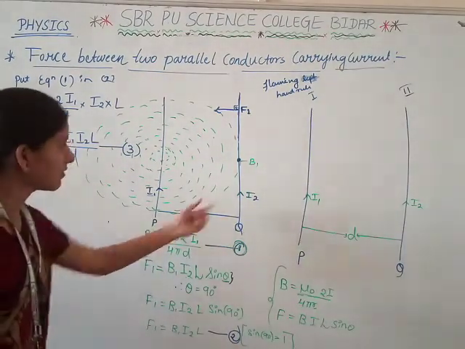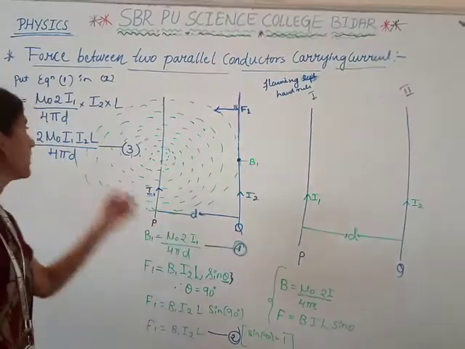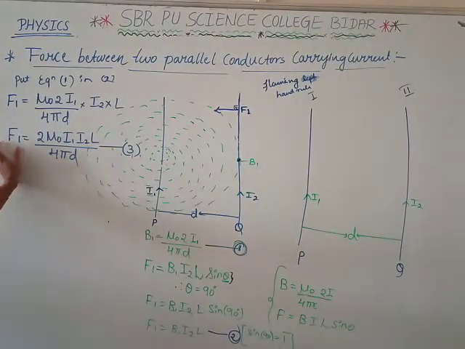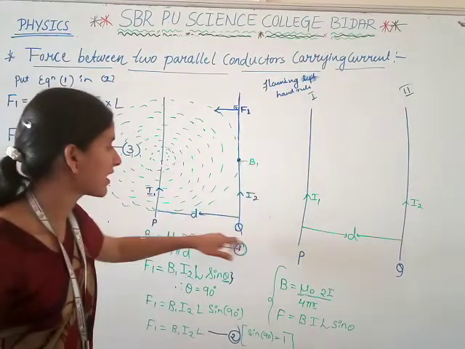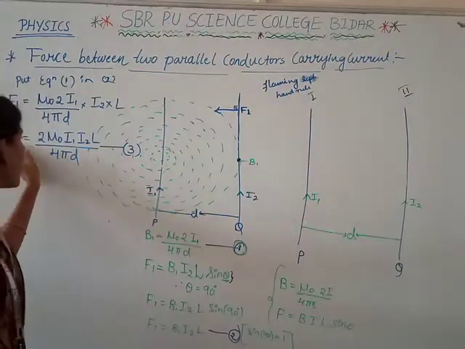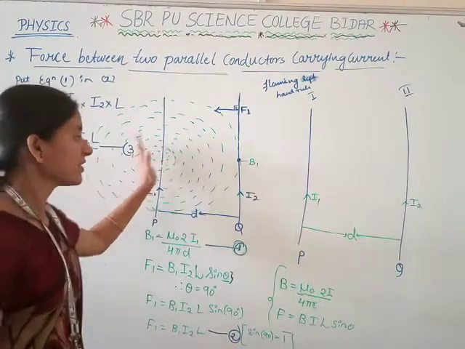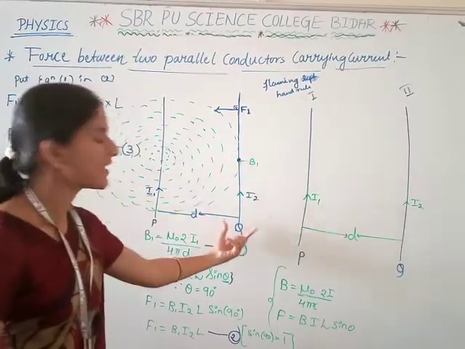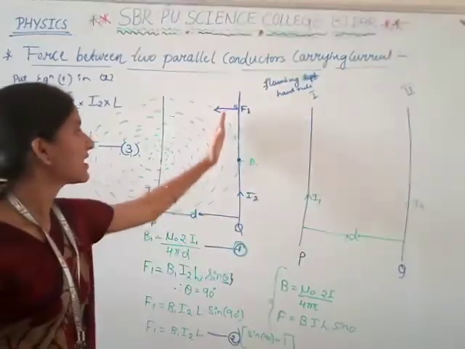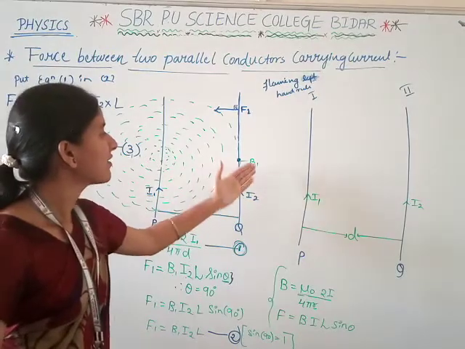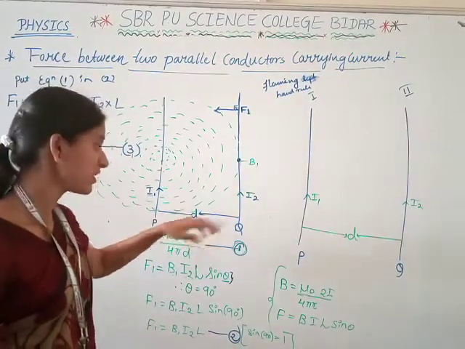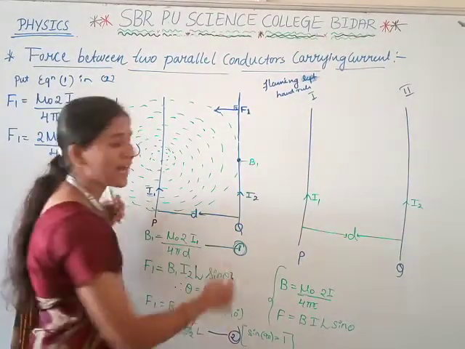This is B1, magnetic field due to a conductor P. This is F1, and the magnetic field is produced. The another conductor experiences a force. That force is F1 is equal to 2 mu naught I1 into I2 L divided by 4 pi d. Okay. Next, again we consider a conductor Q here. By considering a conductor Q, the current I2 is flowing.